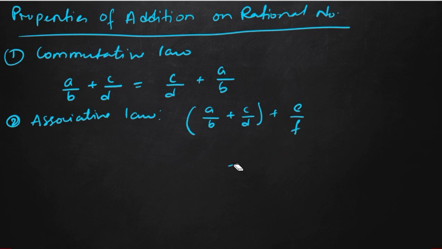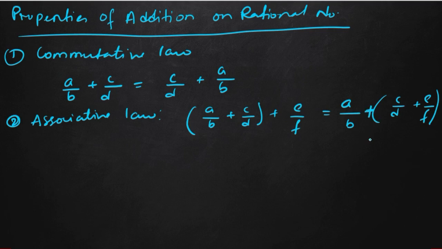This will give us the same result as a by b plus the bracket c by d plus e by f. That means if we first add a by b plus c by d, and add that result to e by f, this will give you the same result as if we first add c by d plus e by f and that result is added to a by b.